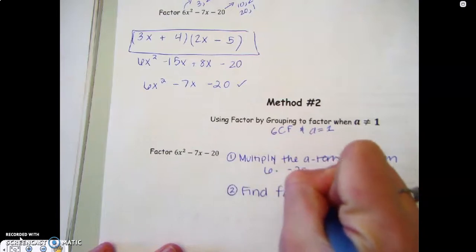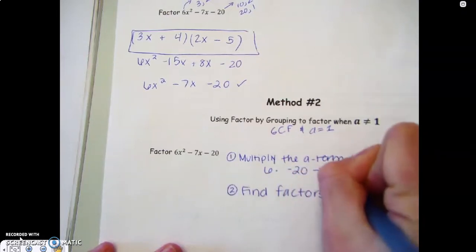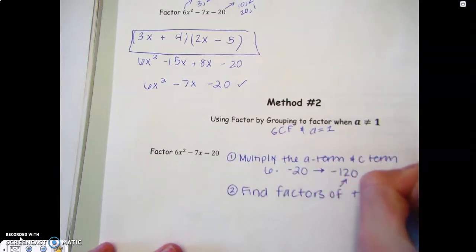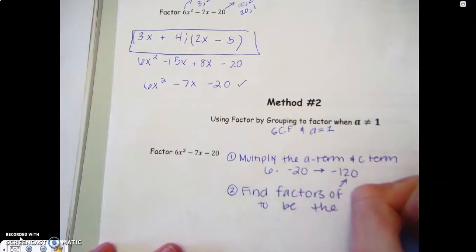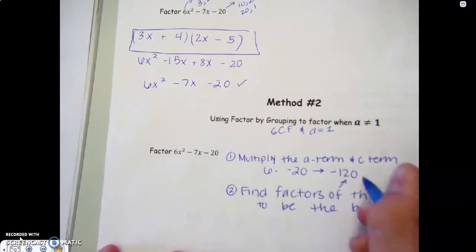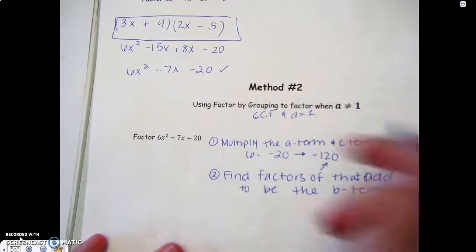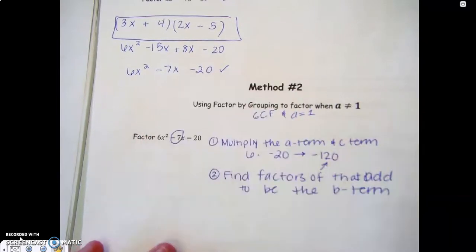Now I want to find factors of that add to the b term. So you want the factors of 120 that add to be 7, negative 7 in this case.